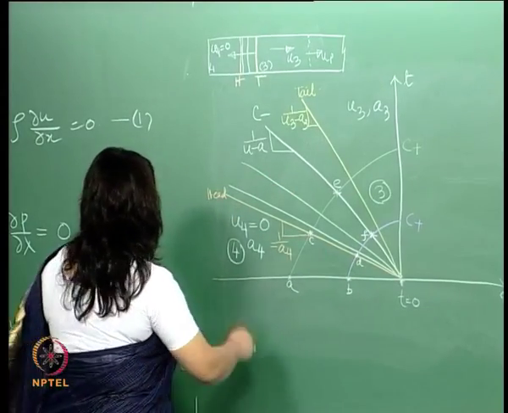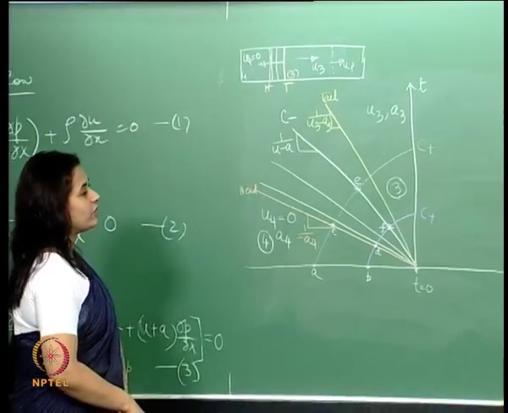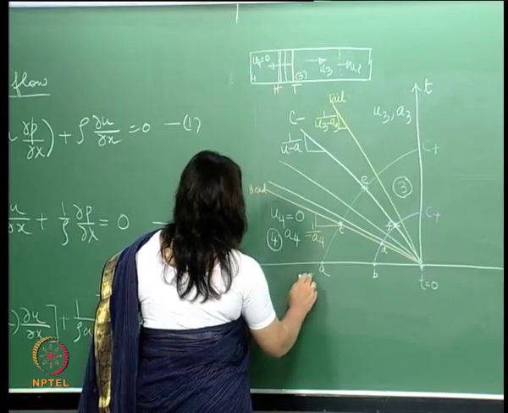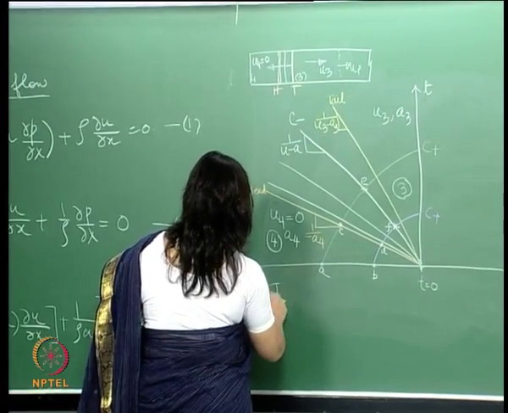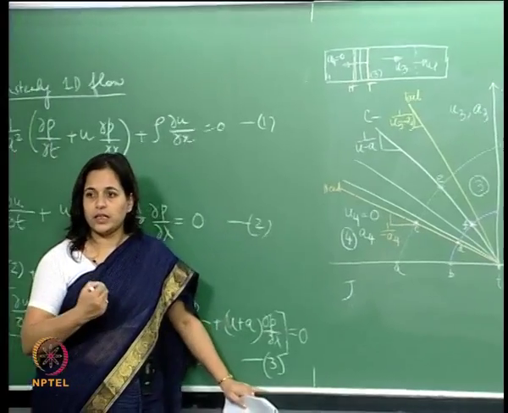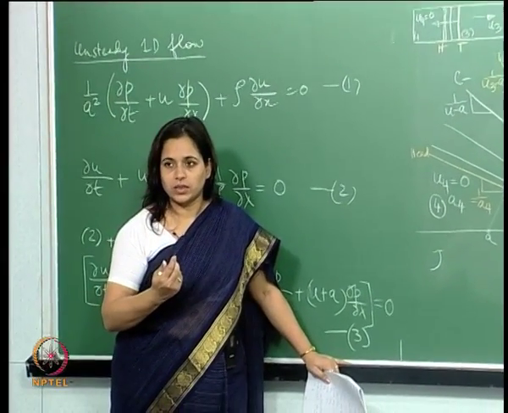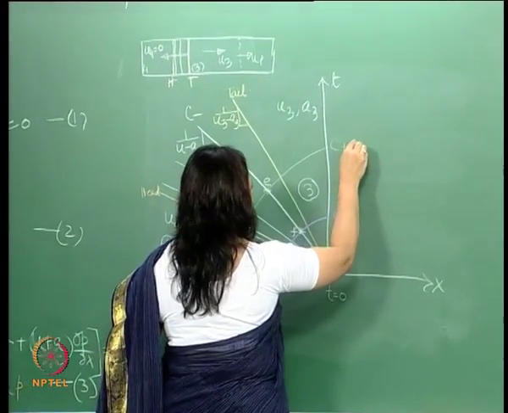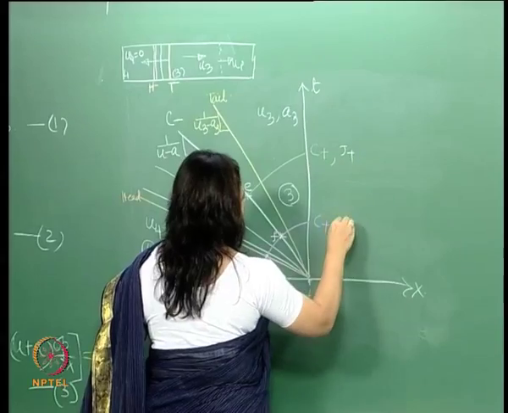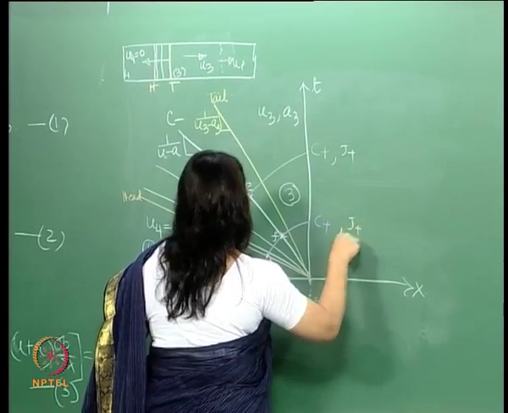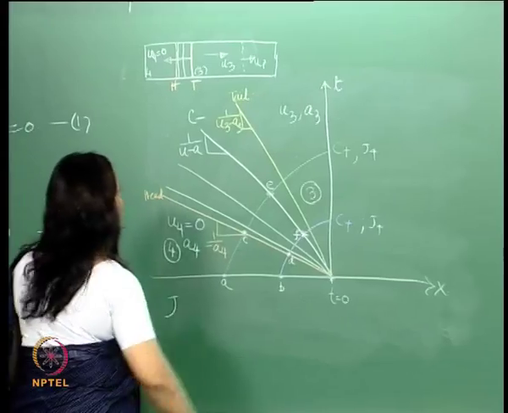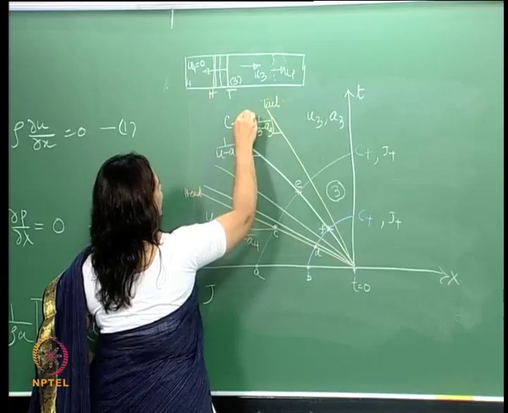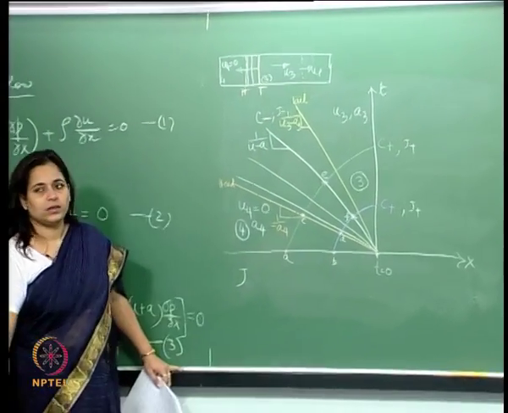Now, J plus is constant on a C plus characteristic, isn't it? So, these are C plus which are associated with J plus, and J minus corresponds to C minus characteristics, and J minus is constant on C minus characteristics.